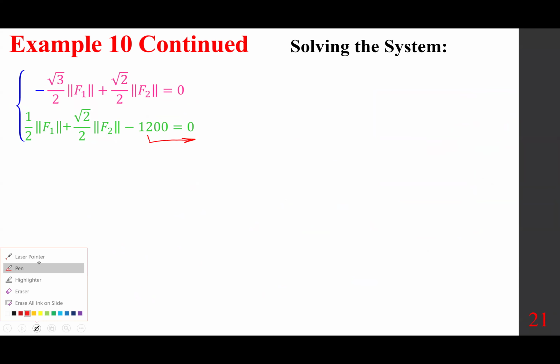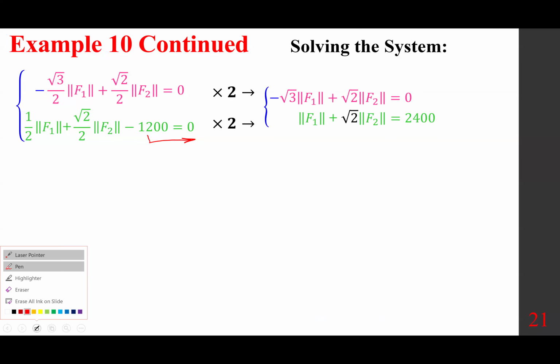When I multiply by 2, here's what happens, everybody. This one loses the 2. This one loses the 2. This one loses the 2. This one loses the 2. Minus 1200 becomes 2400. Goes to the other side, becomes positive 2400.